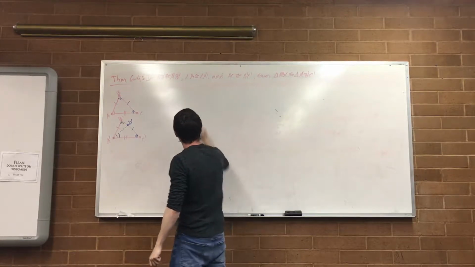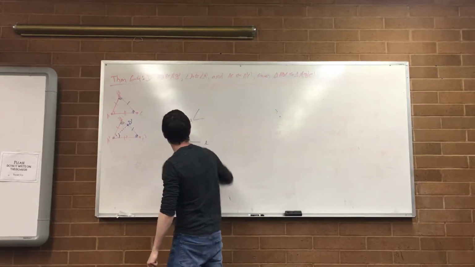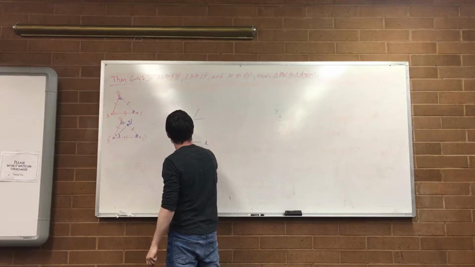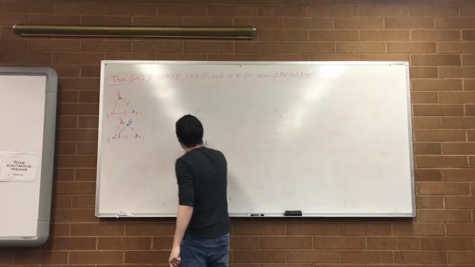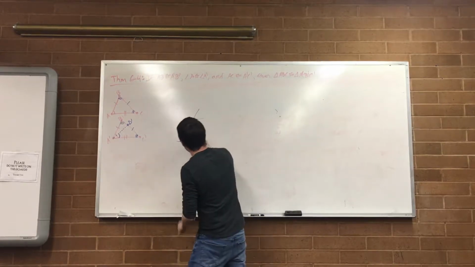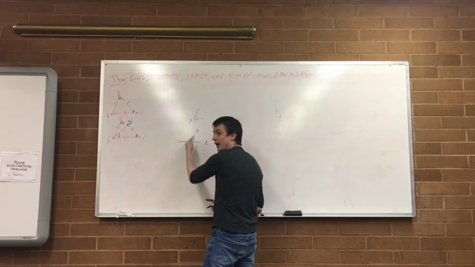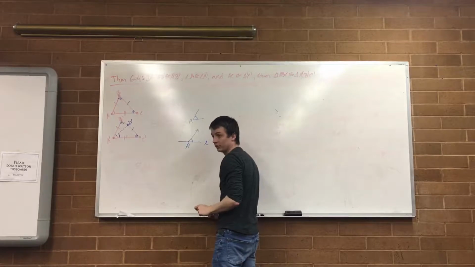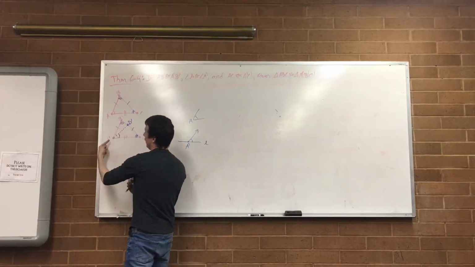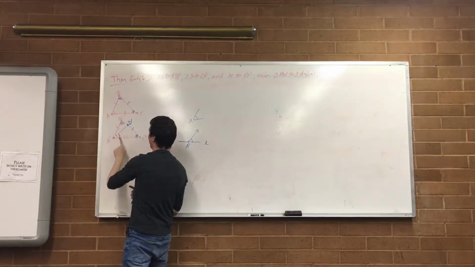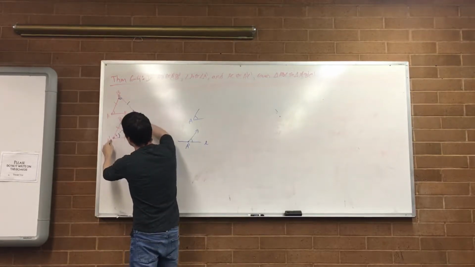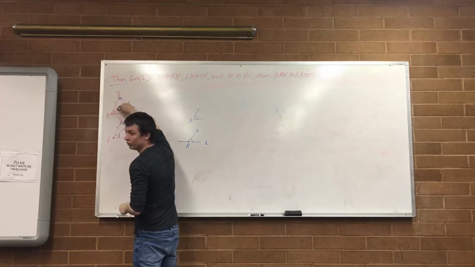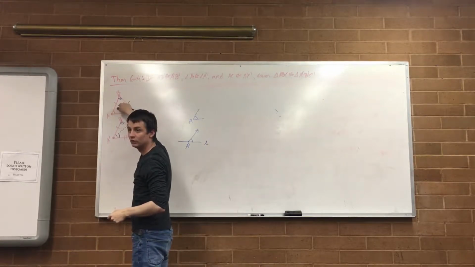If I've got some angle A up here, and I've got A prime down here on a line, then there is only one ray I can draw up here so that this angle is congruent to this angle. There is only one ray I can draw from A on this side of this line so that this angle is congruent to this. I can't have this angle and this angle both congruent to that unless they're the same angle.